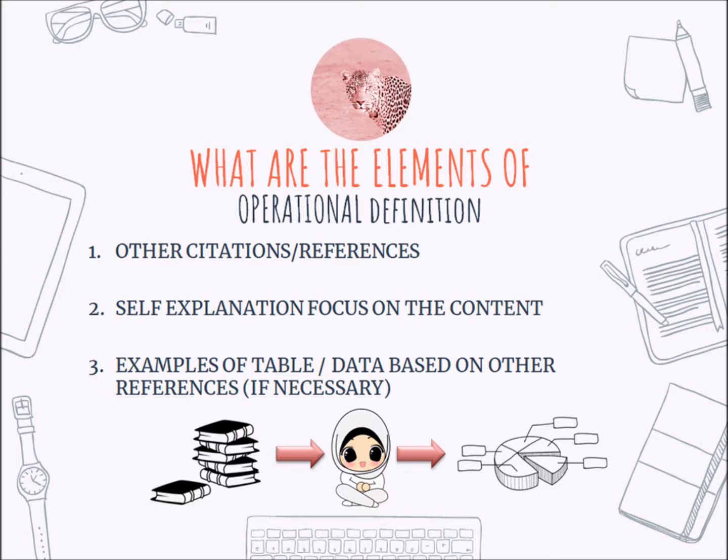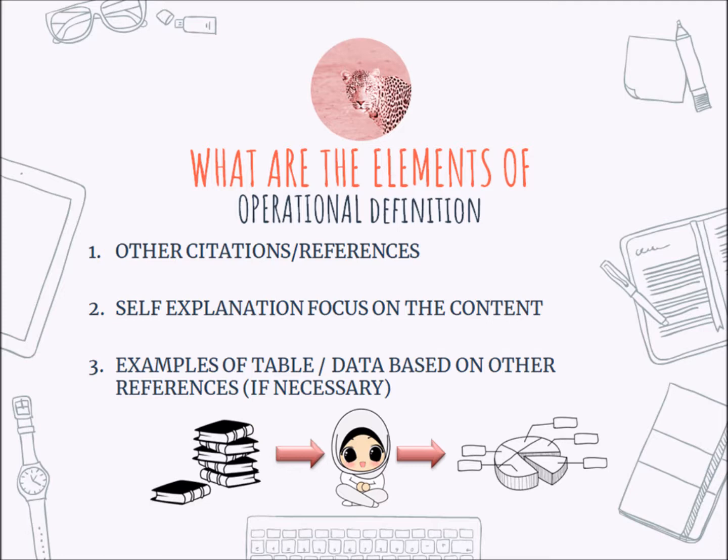Usually, we will interpret the data in a way we will understand the content. It might be different from the other citation but still correlate with the topic. Lastly, we might need to add some example of table or data based on other reference if necessary.